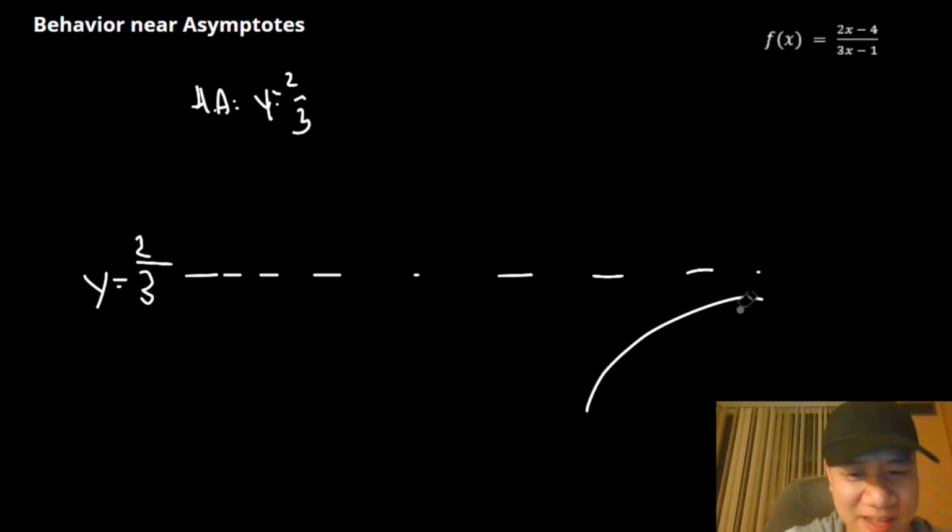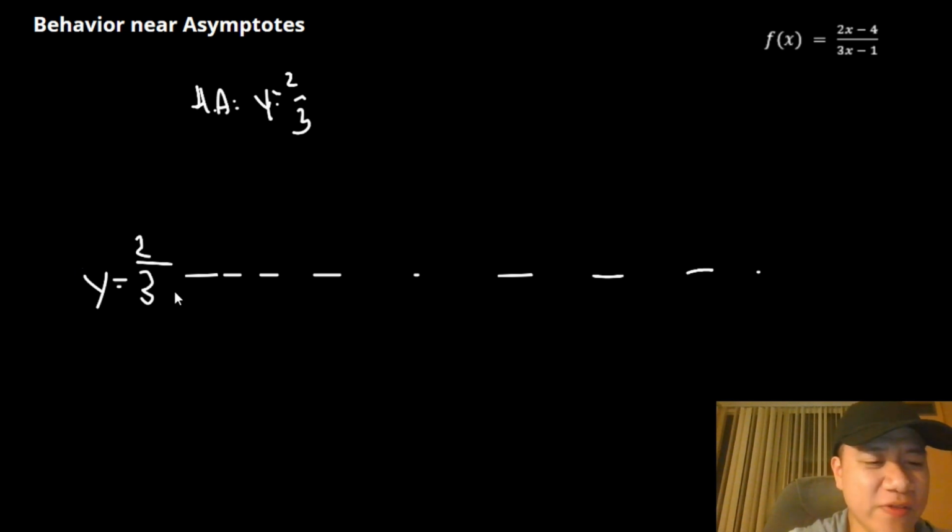But instead of looking at whether it's positive or negative, we just have to figure out if it's slightly bigger than 2 over 3 or slightly smaller than 2 over 3. That way, if it's slightly bigger than 2 over 3, we know it has to come from above the horizontal asymptote. Or if it's slightly smaller than 2 over 3, it has to approach the horizontal asymptote from below. So let's do it.